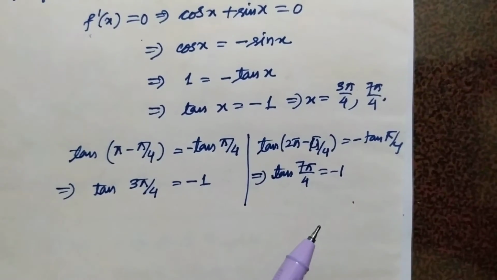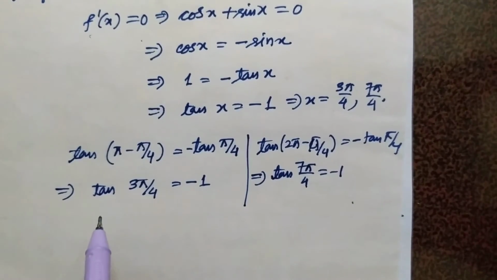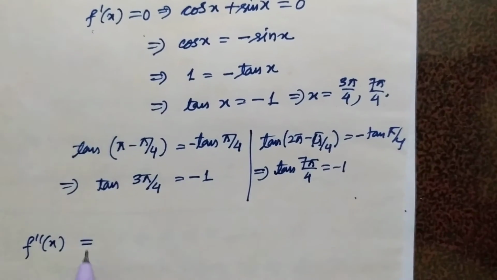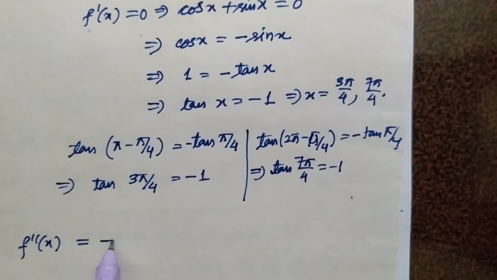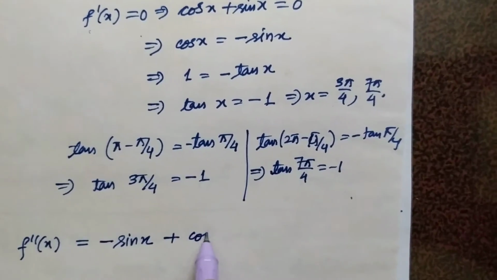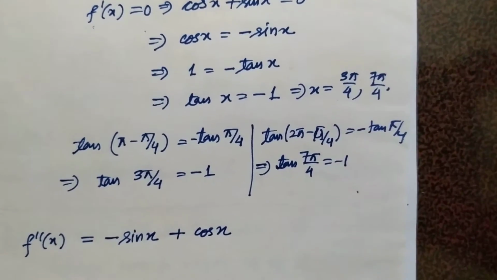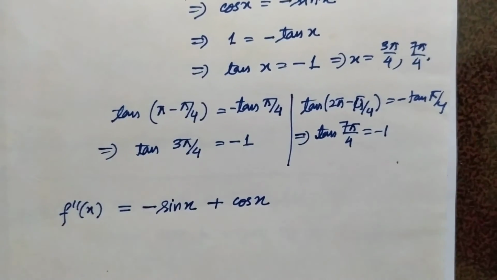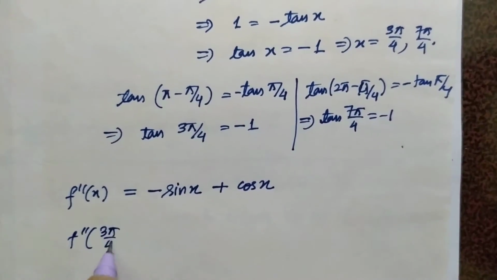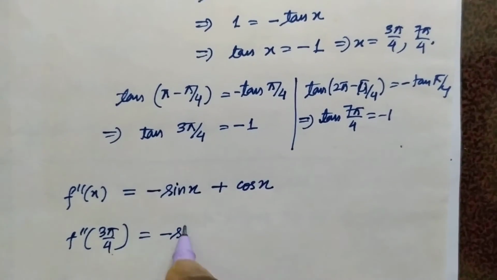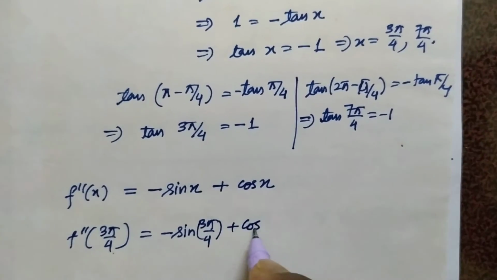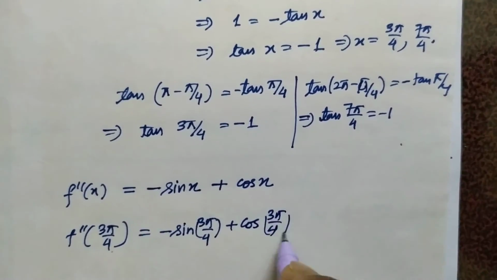Now we will see at what point it is positive and at what point it would be negative. So go for f double dash x. F double dash x equal to minus sin x plus cos x. Okay, it is f double dash x. So f double dash 3 pi by 4 will be minus sin 3 pi by 4 plus cos 3 pi by 4.